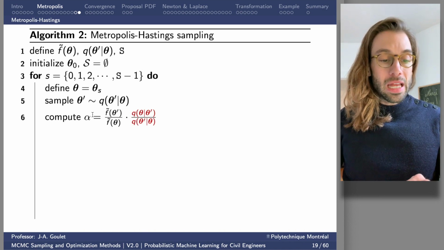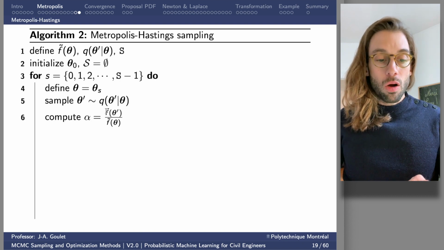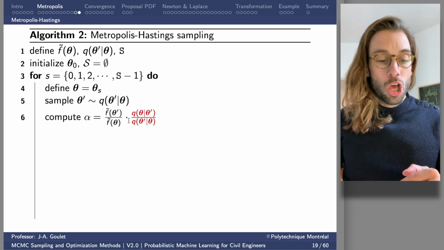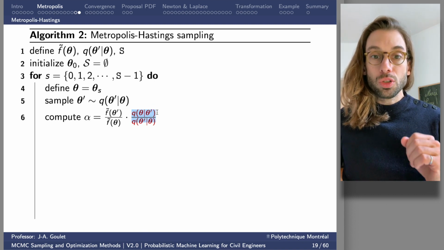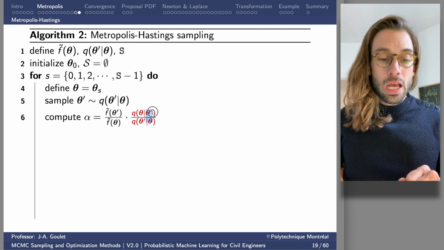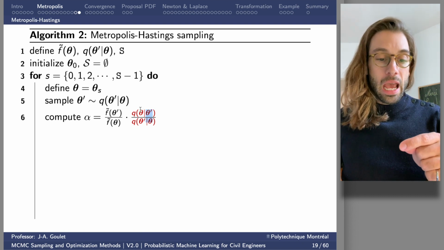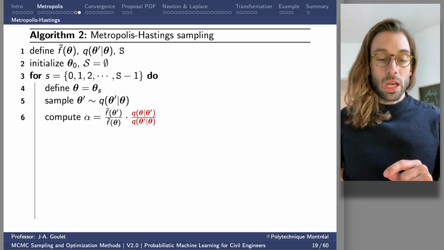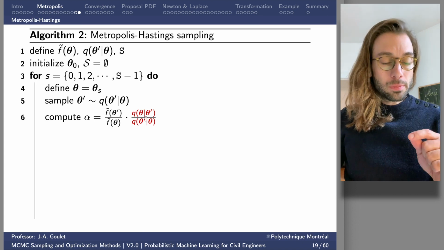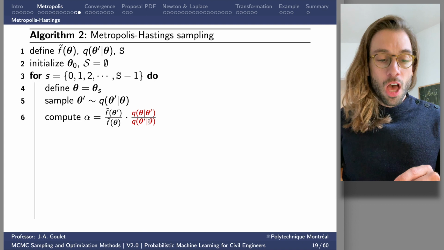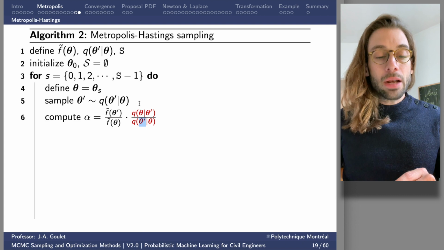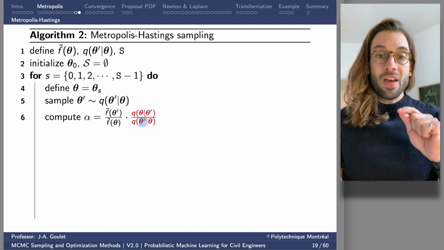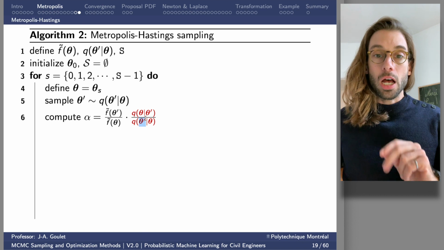The only difference here is that when we compute alpha, the ratio of the target PDF at the proposed location versus the current one, we need to multiply this ratio by the ratio of the proposal PDF for starting at the proposed location and landing in our current location, divided by our proposal PDF of starting in our current location and landing in the proposed location. That ratio is going to take into account the fact that my proposal PDF is non-symmetric.